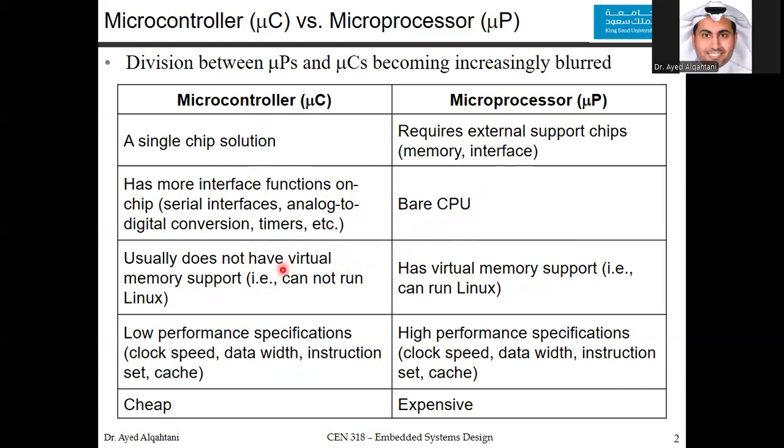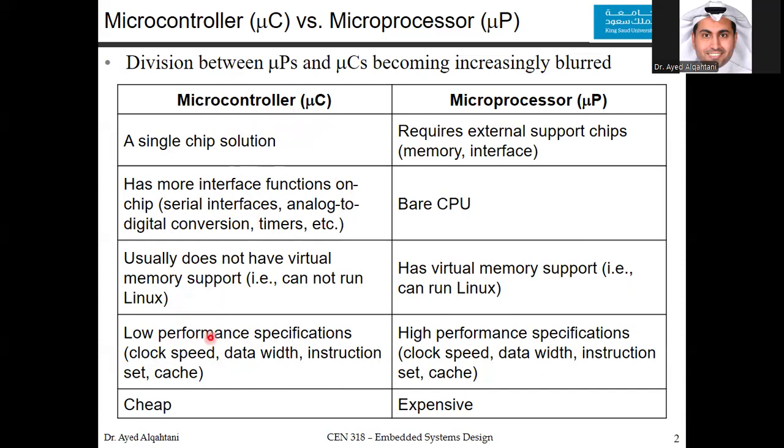At this point, actually, newer versions of microcontrollers can actually run a lightweight operating system, for example, Linux. And a microcontroller's low performance specification, like the clock speed, the data width, the instruction set, and the cache, actually goes along with the requirement to make microcontrollers cheap.